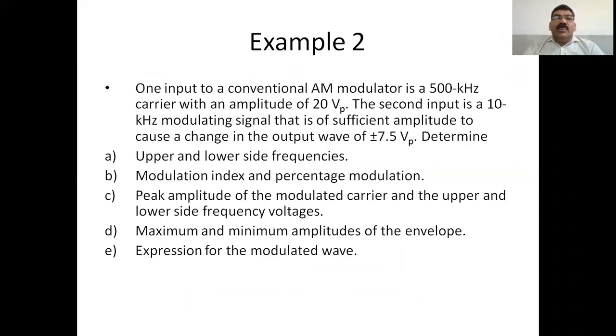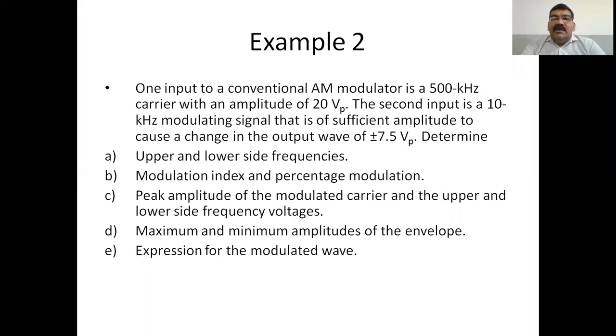One input to a conventional AM modulator is a 500 kilohertz carrier with an amplitude of, now initially we talk only for the frequency, now we will go for the complete, so the carrier with an amplitude of 20 volt peak to peak.